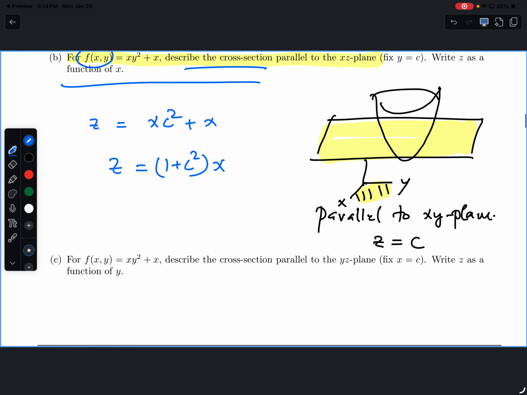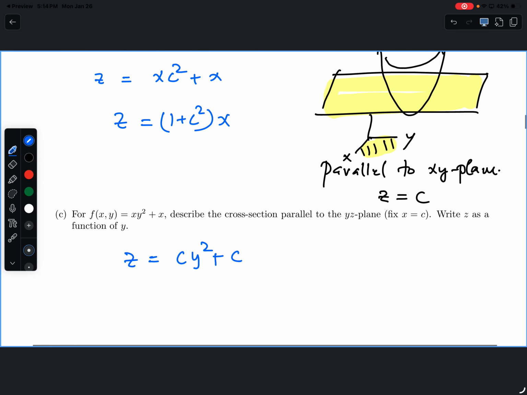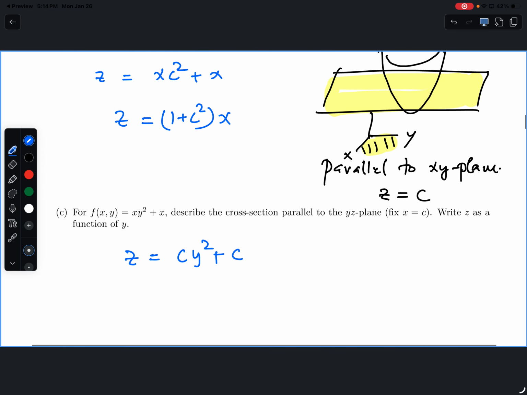And similarly, what should I do here? Z is equal to y squared plus something. Agree? And this is an equation of a parabola. If you specify c, then you can also specify how that parabola looks. For example, if c is equal to 0, then there will not be any parabola.